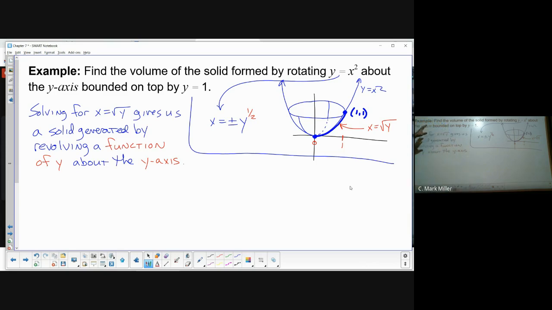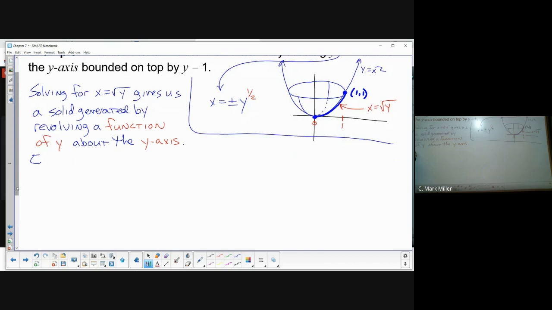So you have a function of y about that axis. Ergo, can use disk method.